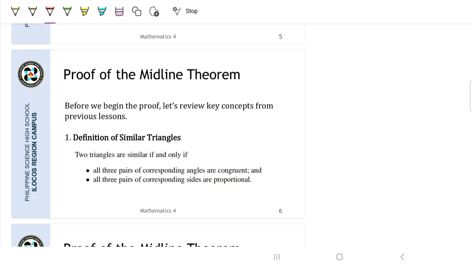Number 1, let's recall the definition of similar triangles. Again, two triangles are similar if we can prove that all three pairs of corresponding angles are congruent, and at the same time, the three pairs of corresponding sides are proportional.